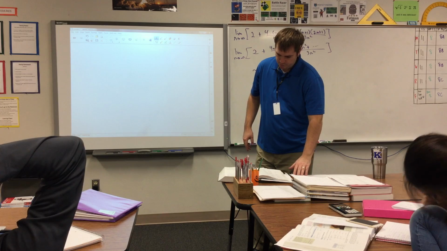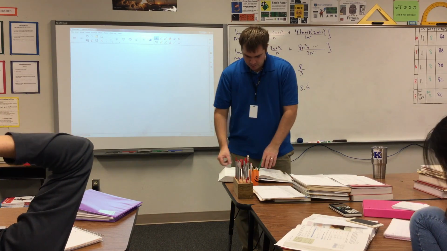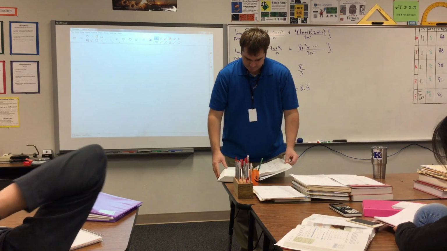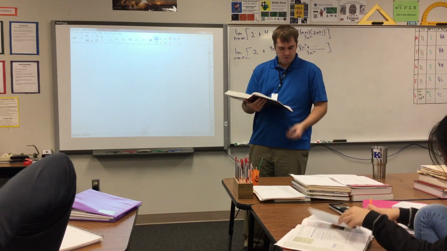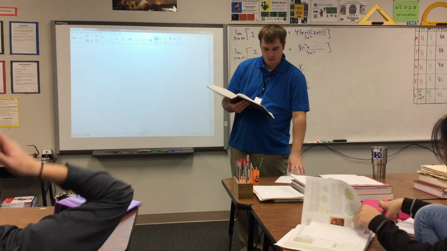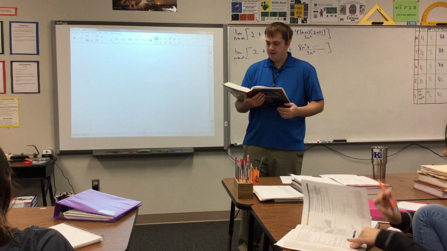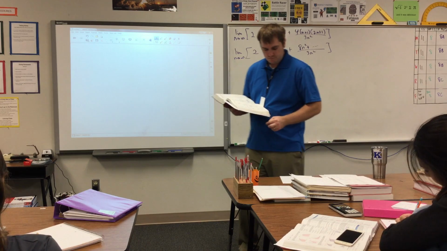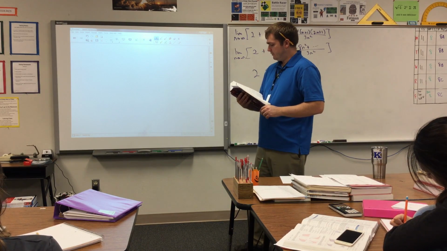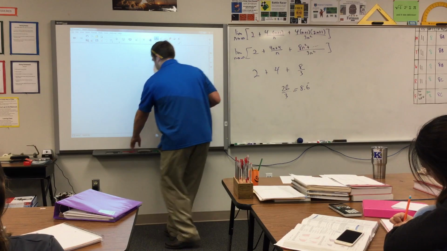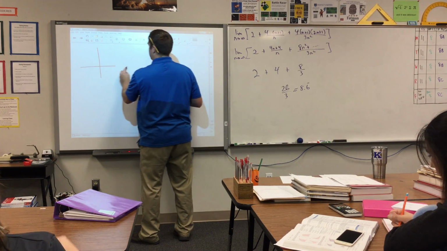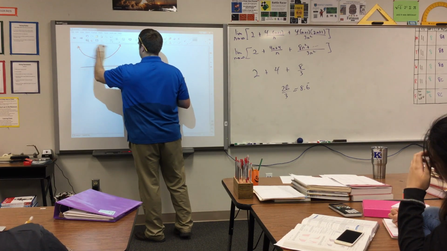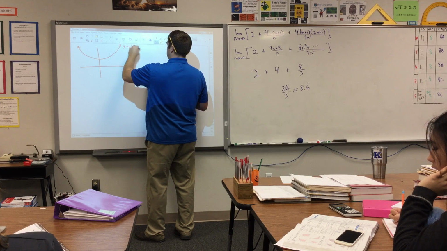So, let's move to the setup part. On page 269, number 50, it says, use the limit process to find the area of the region between the graph of the function and the x-axis over the given intervals, and then sketch the region. They have a problem, y equals x squared plus 1, which is a parabola that opens up.